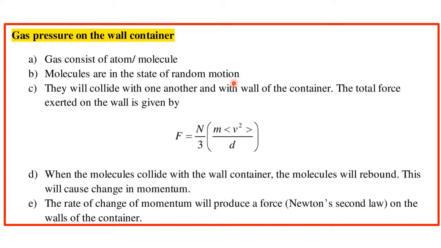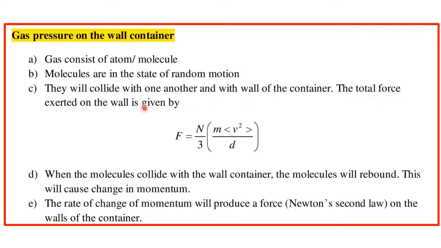Kalau tengok dalam eksperimen gas, boleh nampak yang kalau kita colorkan gas tu, molecule of gas always moving and always collide with each other and with the container. So they will collide with one another and with wall of the container.